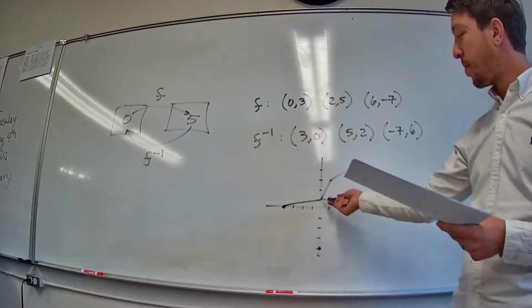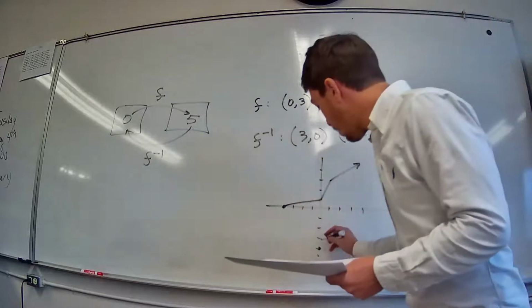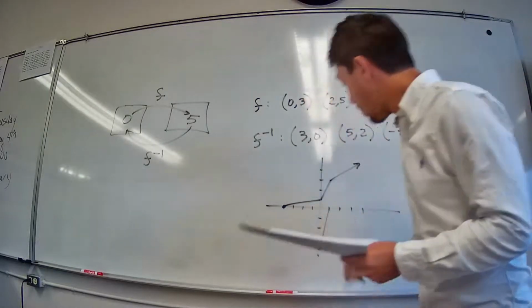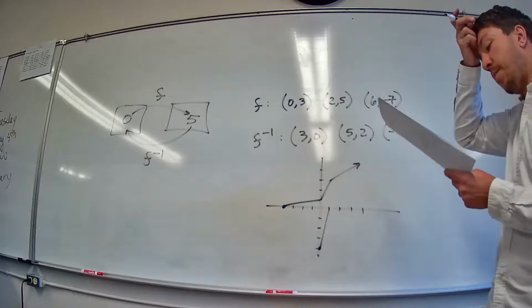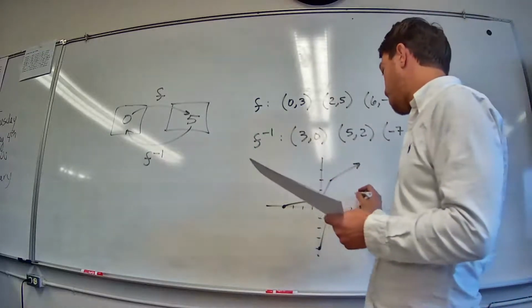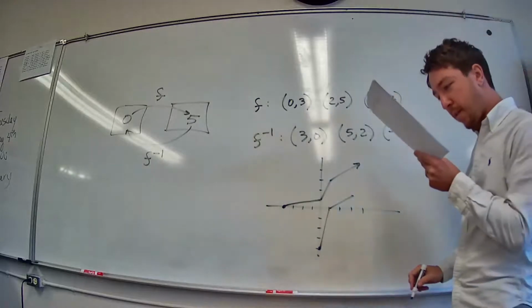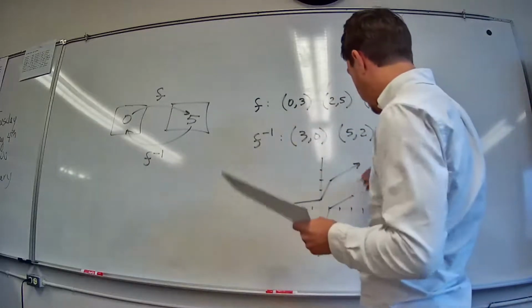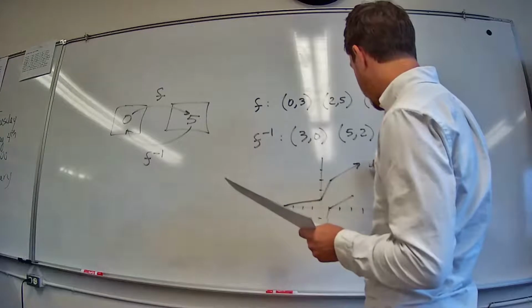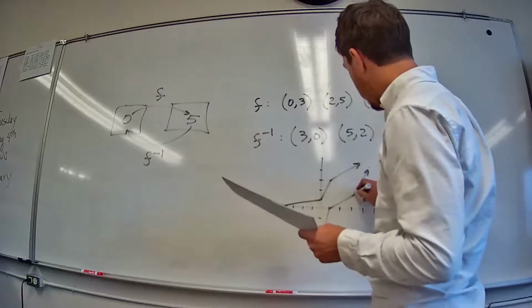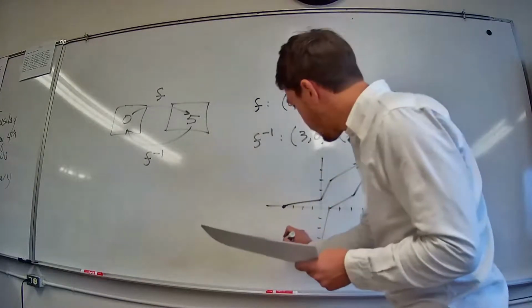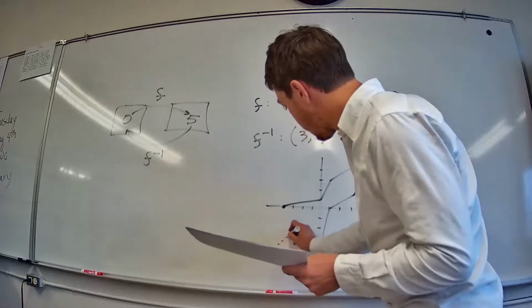How about the point 0, 1? 1, 0. So let's connect those. And then the point 1, 3 becomes 3, 1. And that arrow looks like it's over there at 4, 5. So then 5, 4. You guys remember the moral of the story, geometrically speaking?